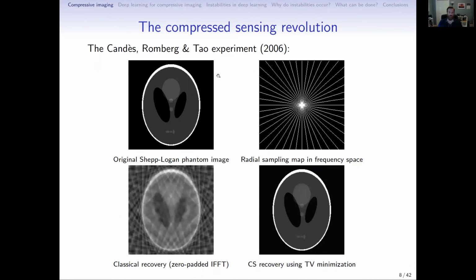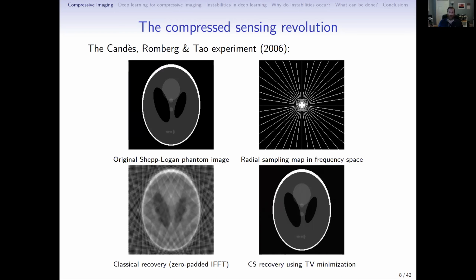They took the Shepp-Logan phantom image and took Fourier samples of it, doing radial sampling in Fourier space. Here's the classical reconstruction, the zero-padded Fourier transform, showing significant artifacts. But by changing the reconstruction to a compressed sensing approach based on TV minimization, they could recover this image exactly down to numerical error.